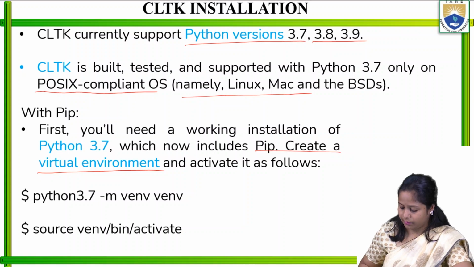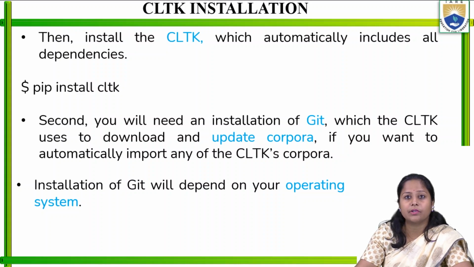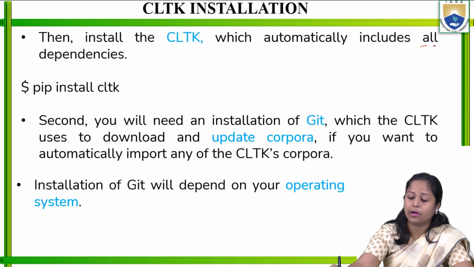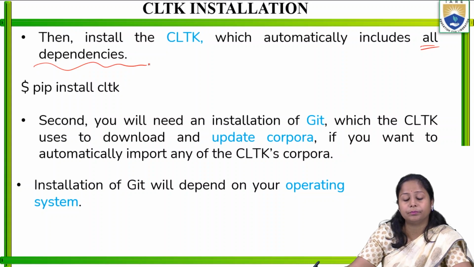Okay, now we will see the other things. Next, we need to install CLTK, which automatically includes all the dependencies related to all the files and all the log files it is going to generate.